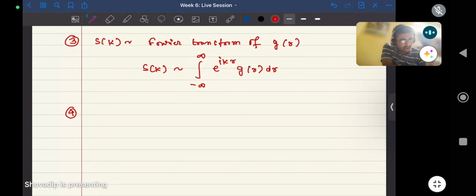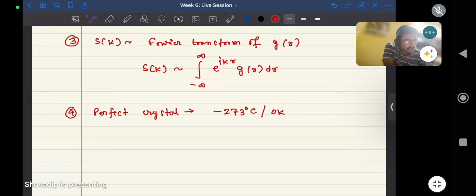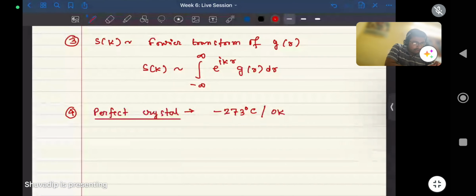Question number 4 is, perfect crystal is obtained when. As I was discussing in the first question, perfect crystal is only possible when you reach absolute zero or minus 273 degrees centigrade, because this molecular level fluctuation will be there as long as you are not at absolute zero, 0 Kelvin.